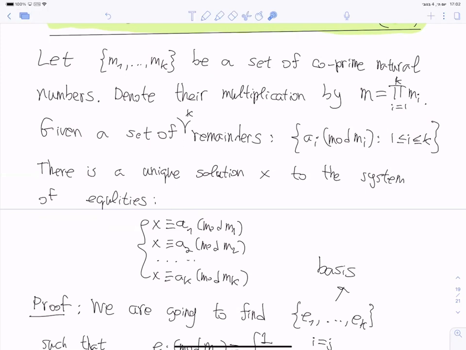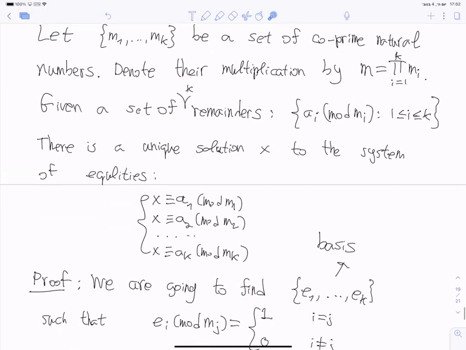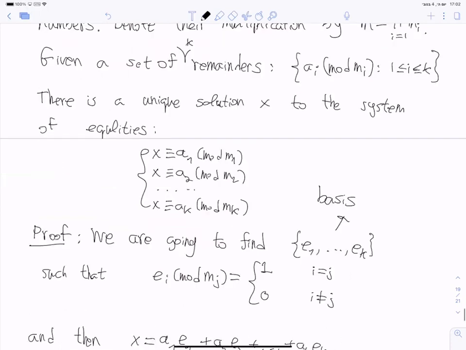So the way to find X is actually the proof of this theorem. We said we are going to construct a basis. Each element in the basis, Ei, is a number such that modulo every other Mj it is 0 and modulo Mi it is 1.